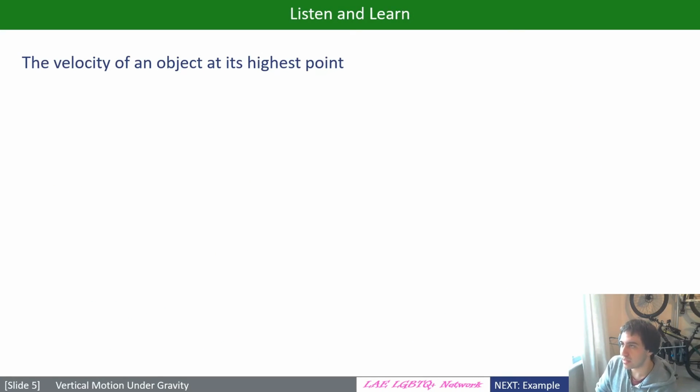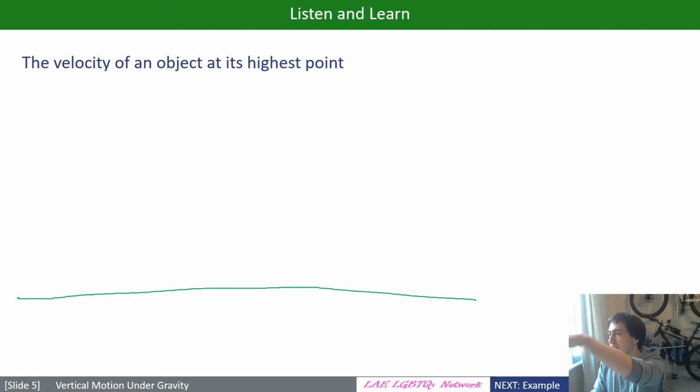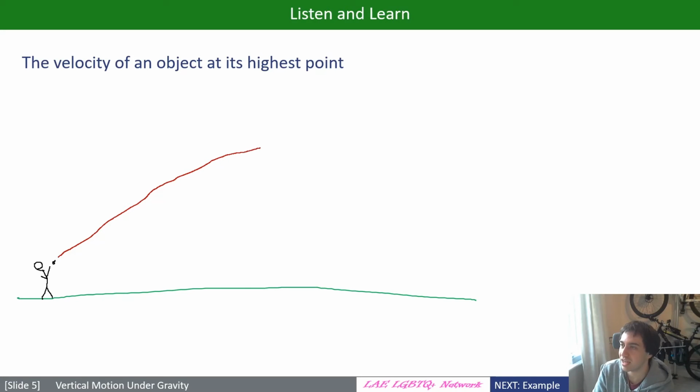So before we look at this next example, I just want you to think about the following situation of throwing an object in the air and then eventually it lands on the ground. So if I'm standing here and I throw my object, whatever it may be, a tennis ball, something not too heavy, it goes up in the air, and it goes like this.